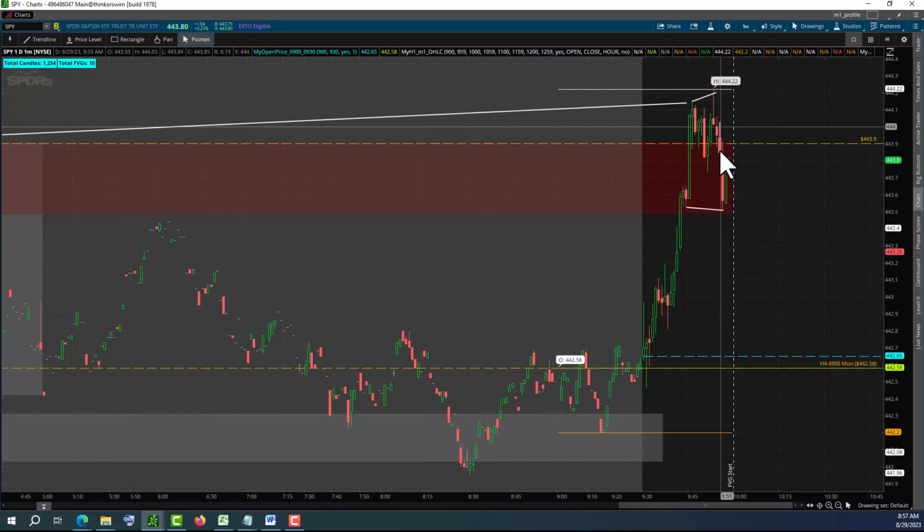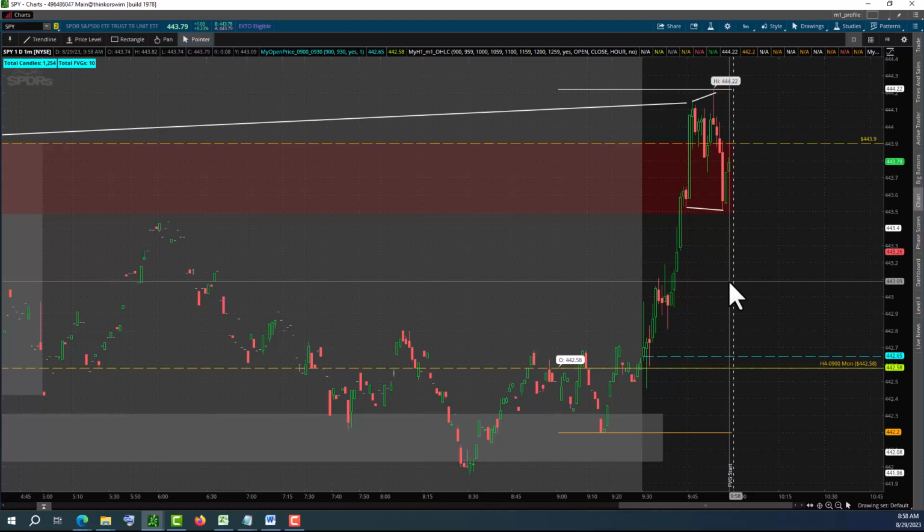If you want to go short, then what's the long setup need to play out? Maybe this bullish breaker, I need to go there.